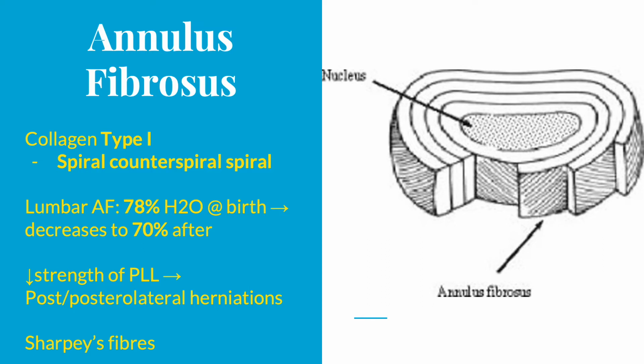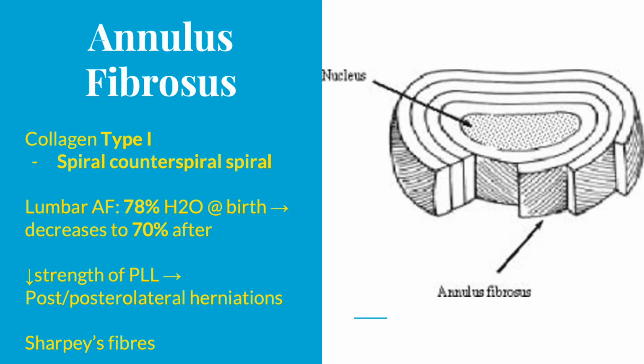Again, the water is going to be important here. It's still mostly water. So even though it's super, super strong and structurally sound, it's still primarily water, about 10% less than your nucleus pulposus. So at birth, 78%, and then about 70% after 30.